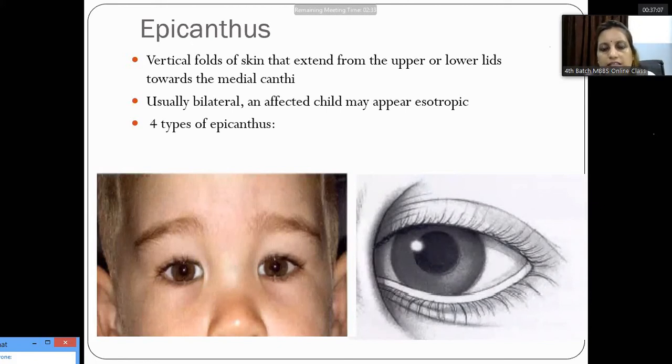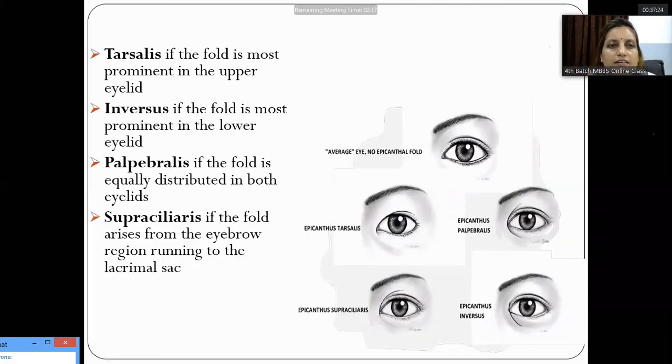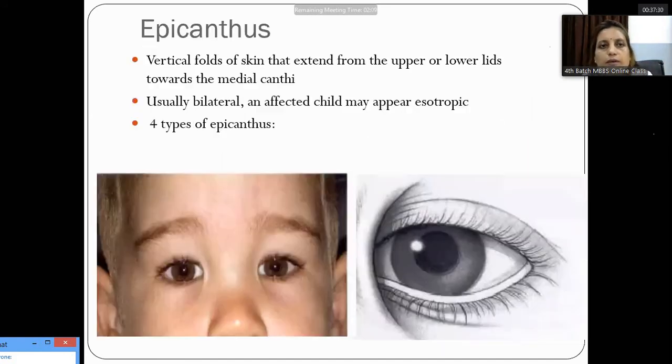In this child you can see the skin fold over here. This is an epicanthal fold and the eye looks slightly nasally. The types are tarsalis, inversus, palpebralis and superciliaris. No need of this, just remember epicanthus is a medial fold.